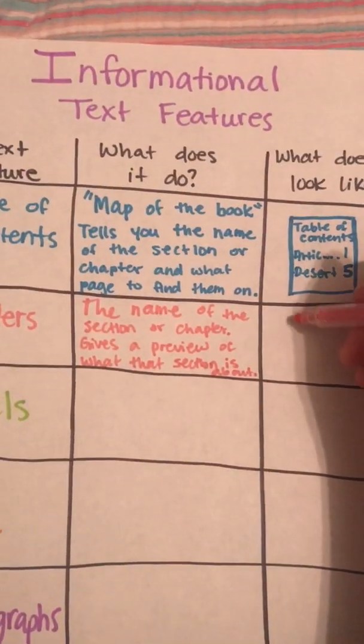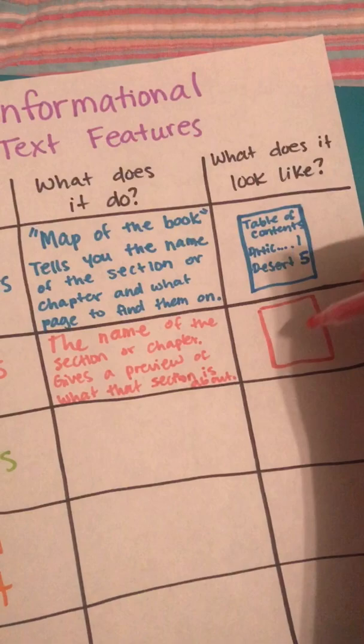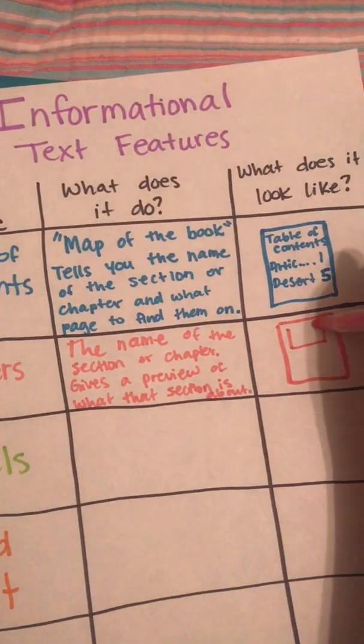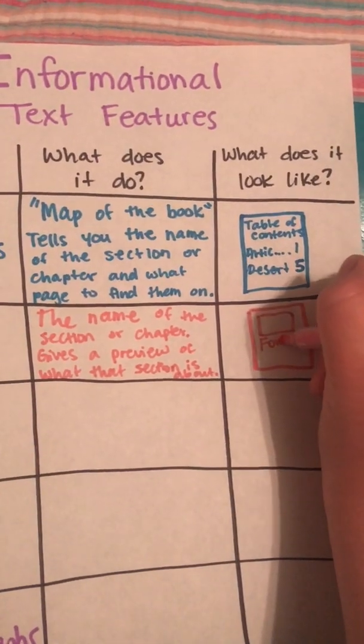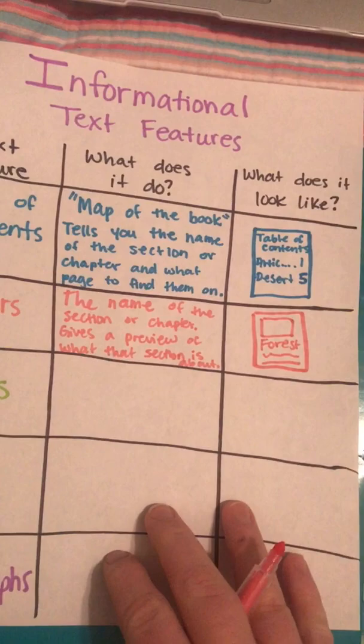So if you're looking at a page in a book, there might be a picture at the top. And then maybe we're talking about the forest. And then there's going to be some words down there.